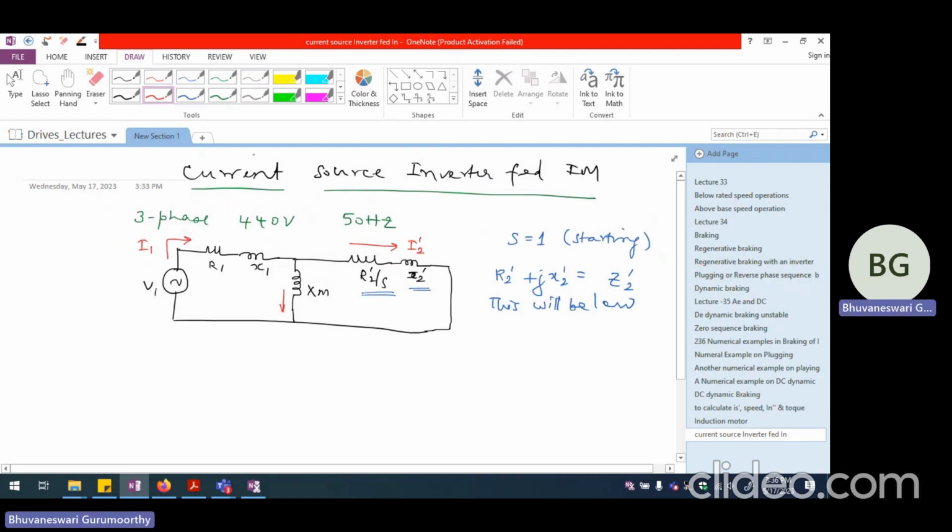But if I am feeding it with a current source, the current source magnitude is going to be fixed. It can be 1 per unit or something like that. So let us say the current source magnitude is 1 per unit.